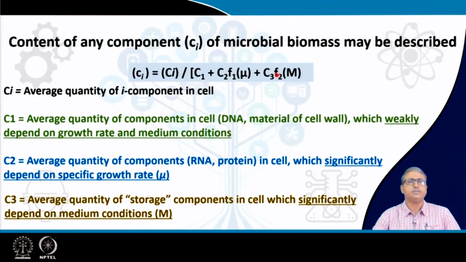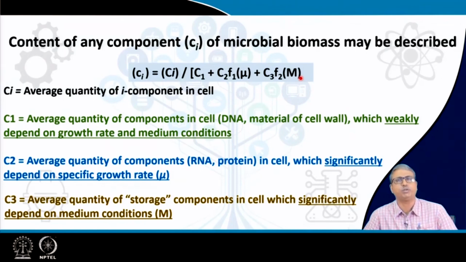C3 is basically the average quantity of the storage components in the cell, which significantly depend on the medium conditions again. As we mentioned earlier, when the cells are growing under carbon rich condition, more amount of carbon can be assimilated, or when they are growing in energy rich condition, more amount of energy can be converted in the form of the phosphate bonds which are present in the phosphodiester bond of the polyphosphate bodies.